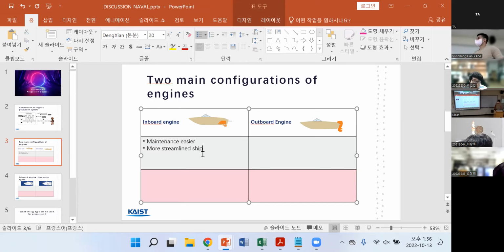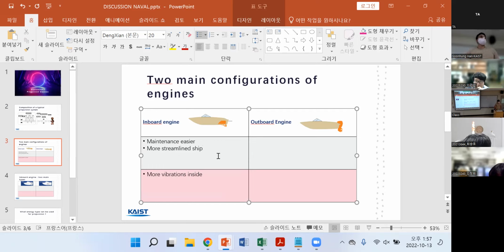Maybe a con can be that there are more vibrations. You can feel more noise, disturbances, and vibrations in the ship for the inboard one, I guess. But I think it's not an advantage. Yeah, you're right, more vibration inside.